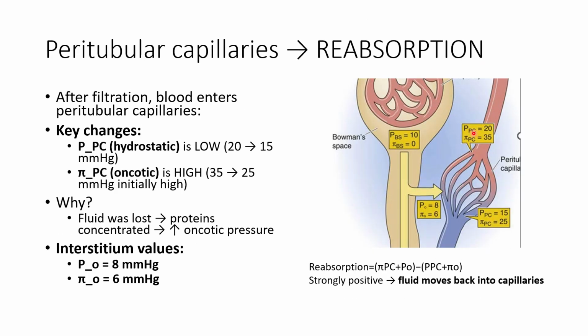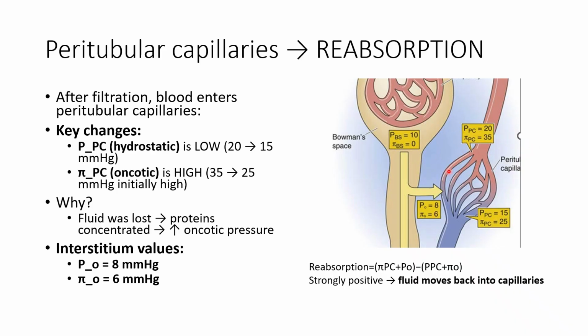Now in peritubular capillaries, you see in the initial part, like we discussed, due to increased protein density and decreased fluid, the oncotic pressure will be high and the hydrostatic pressure will be low, that is 20. So it will have a suctioning effect.